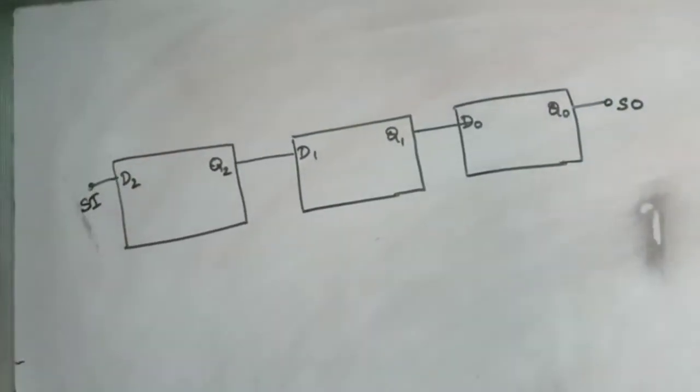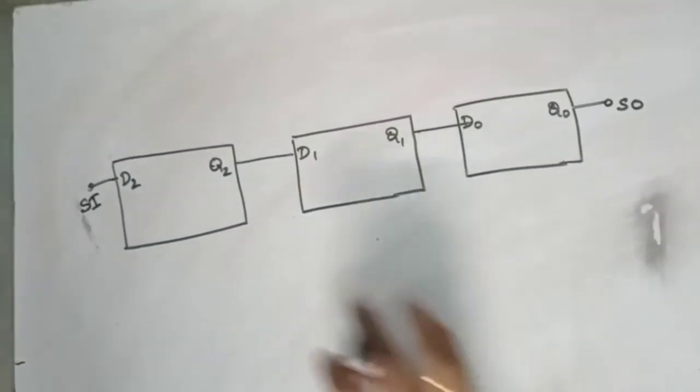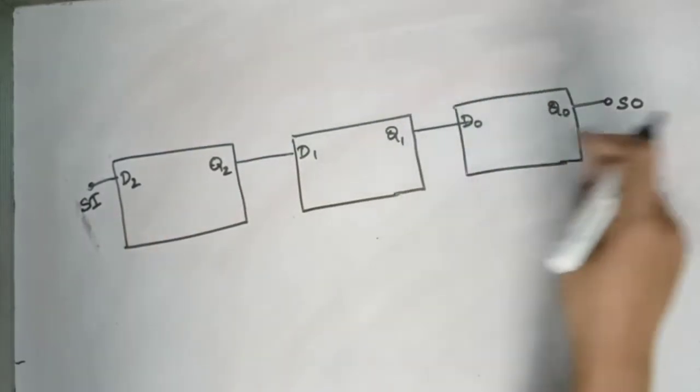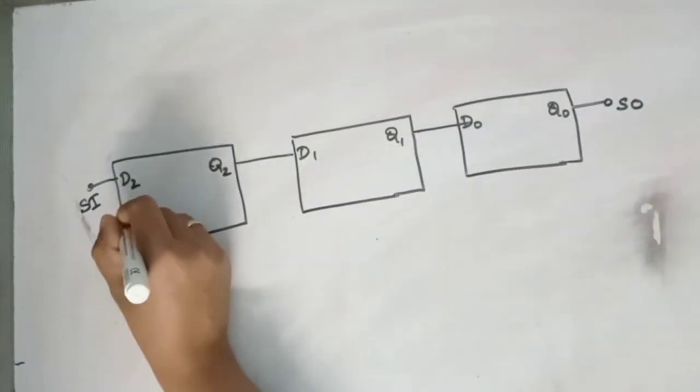So if we combine all these 4 modes of operation, you have 3 flip-flops. This is your serial in, this is your serial out.